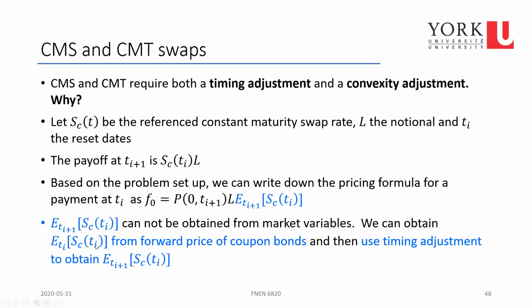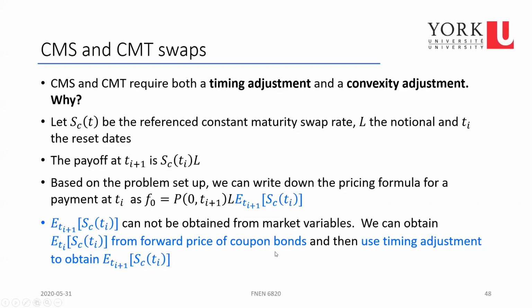So if the first reset time is 1 year from today, it's actually a 6-year bond right now, but you're looking at its forward price 1 year from today. At 1 year from today, that particular bond is a 5-year bond. So you know the forward price of this bond 1 year from today that has a remaining maturity of 5 years.